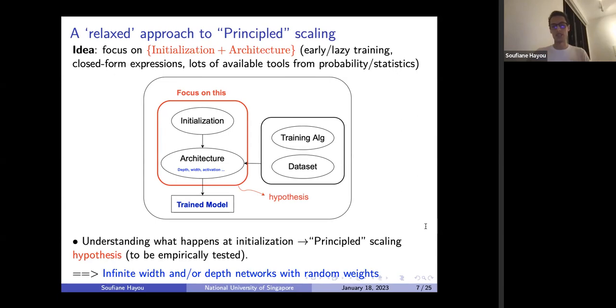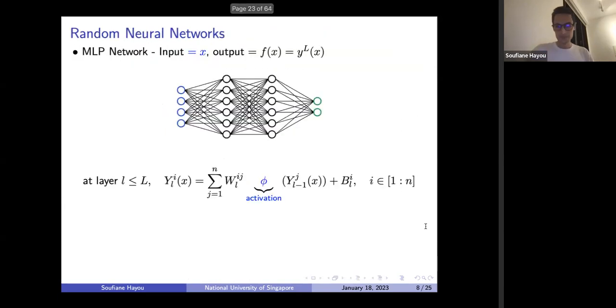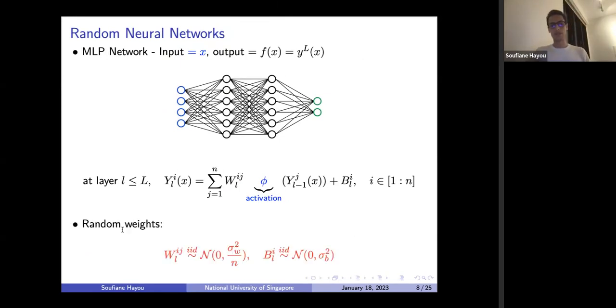So this will be initialization. In the case of the MLP network I introduced before, you can think of random initialization with Gaussian weights that have, for W_L, variance sigma_W squared over N, and bias B with variance sigma_B squared, and zero mean.